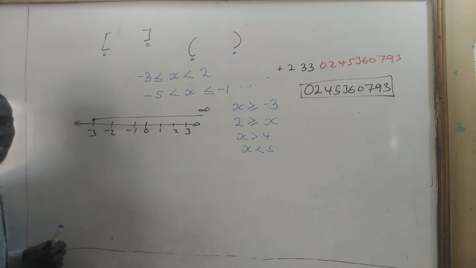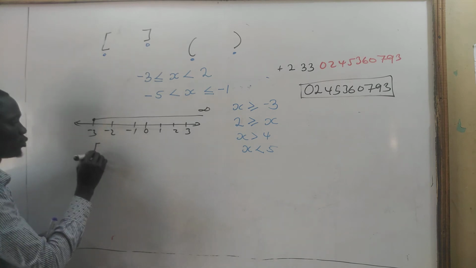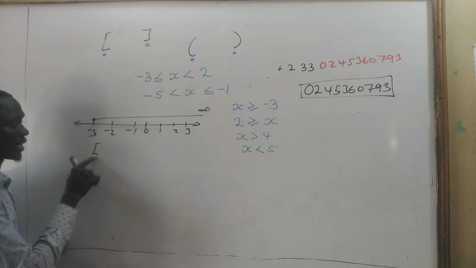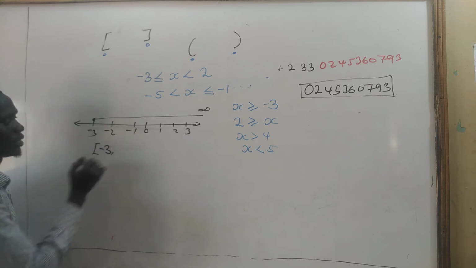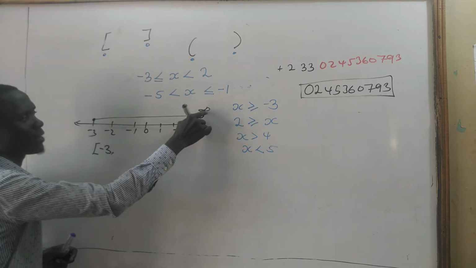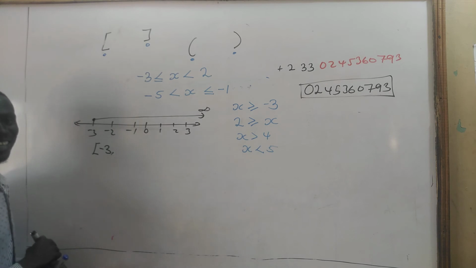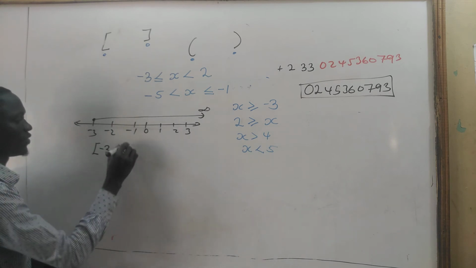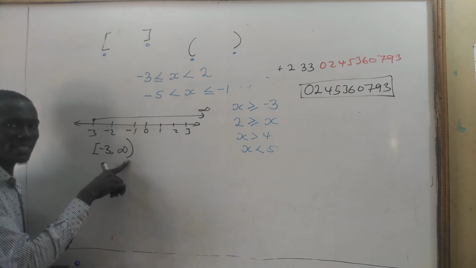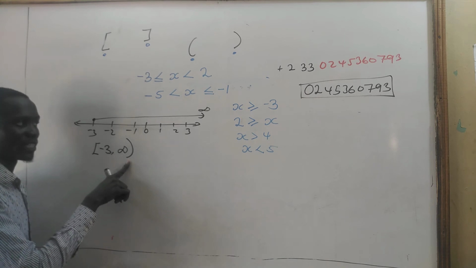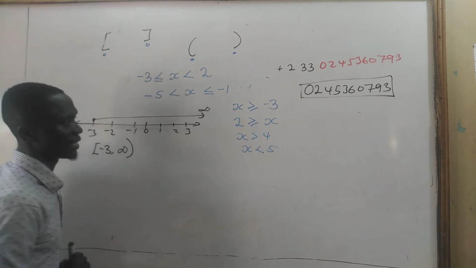So to write this using interval notation, we put the square bracket, minus 3, because minus 3 is included. But we cannot include positive infinity in the set. So we write positive infinity and we bring the parenthesis. Very simple as that. Now let's talk about the second one.